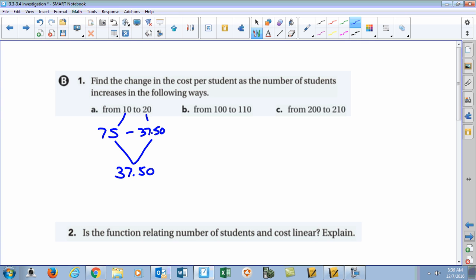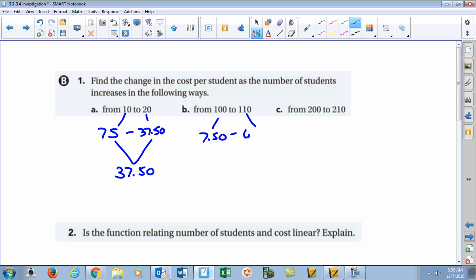All right, what about 100? Well, what's 750 divided by 100? 7.5, right? But 110, I think 100 was on there, right? Yeah, 100 was on there, but 110 isn't. So how do we figure out 110? Right, which is 6.81 repeating.